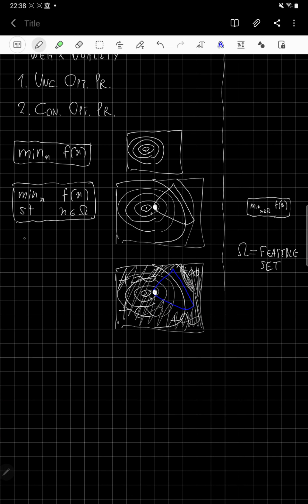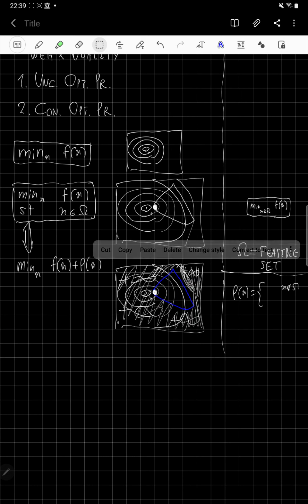So this constraint problem above is going to be equivalent to minimize for the variable x, f of x plus p of x, where we're going to say that p of x equals the worst, really bad, outside, for x outside the feasible set, it's going to be plus infinity.